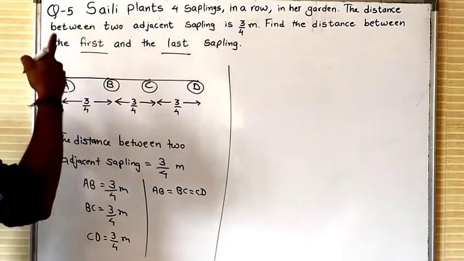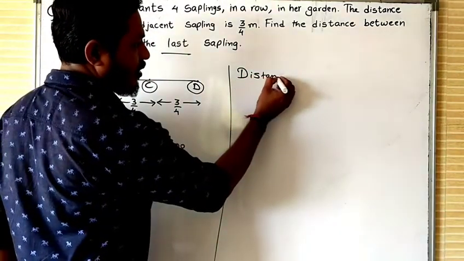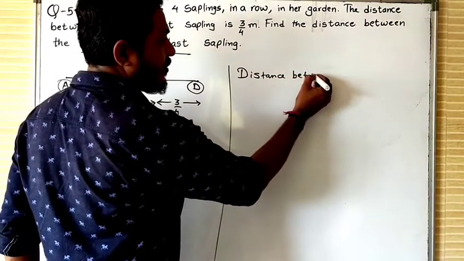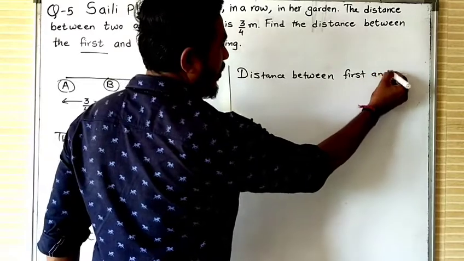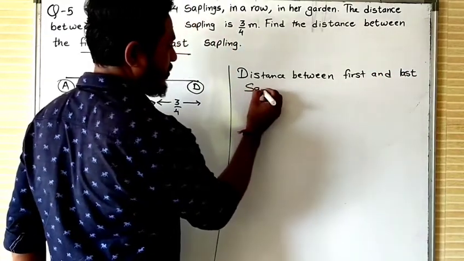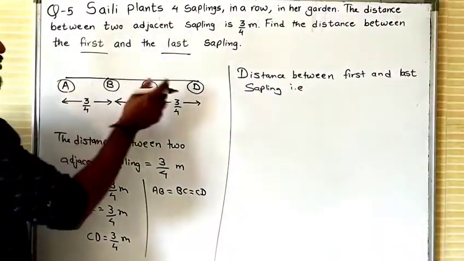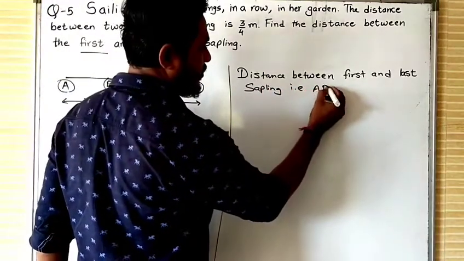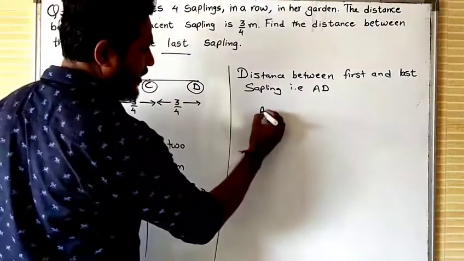Now find the distance between first and last sapling, that is A to D. So we have to find the distance of AD.